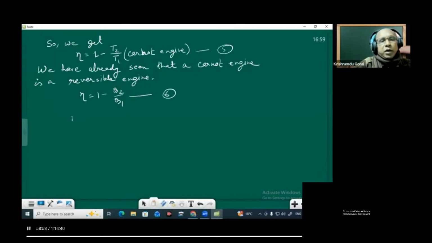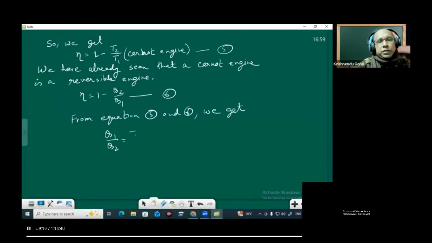So from equations 5 and 6, what do we get? We get that Q1 by Q2 is equal to T1 by T2. This equation we got. This is the result of the Carnot engine.